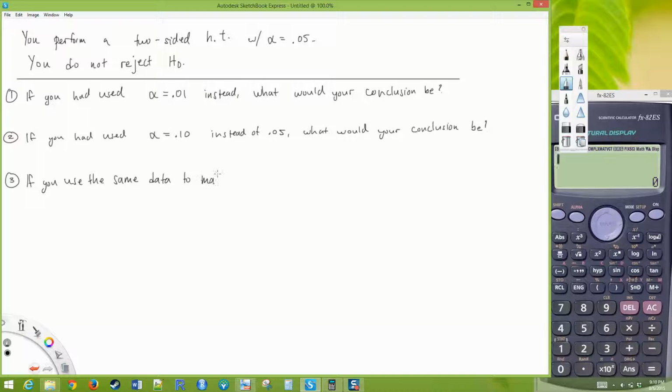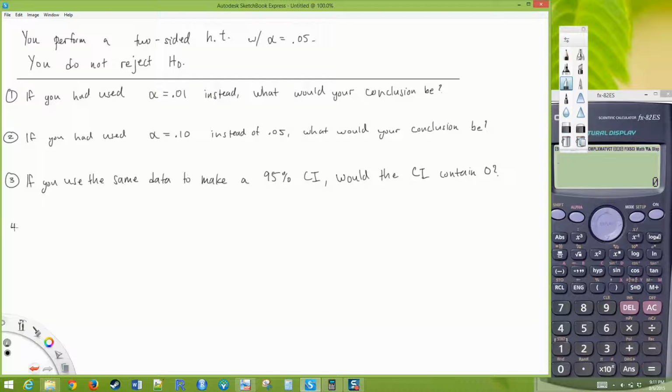To make a 95% confidence interval, would the confidence interval contain 0?